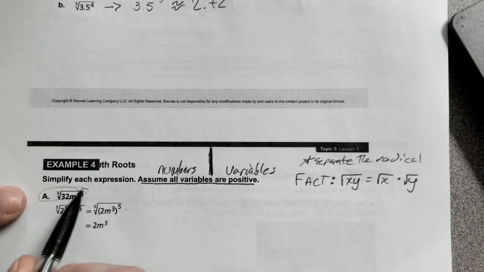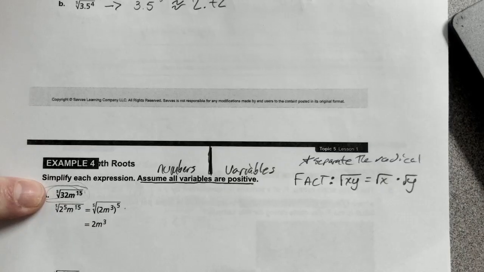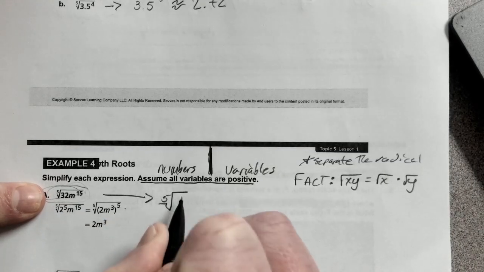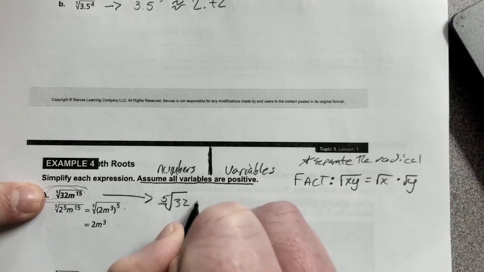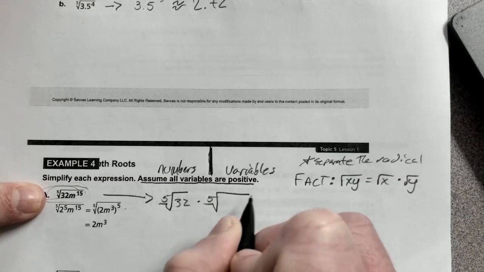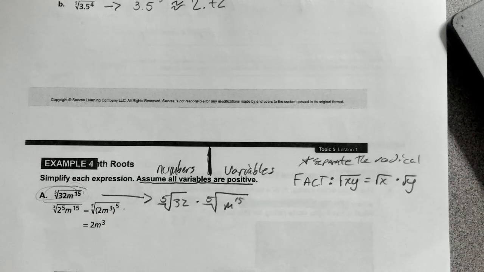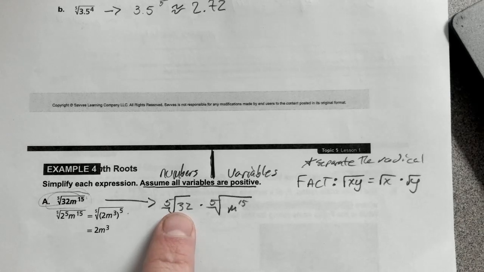So when I'm looking at the 5th root of 32m to the 15th power, I'm going to write that as the 5th root of 32 times the 5th root of m to the 15th. And now the question I need to ask myself is, what number times itself 5 times is 32?